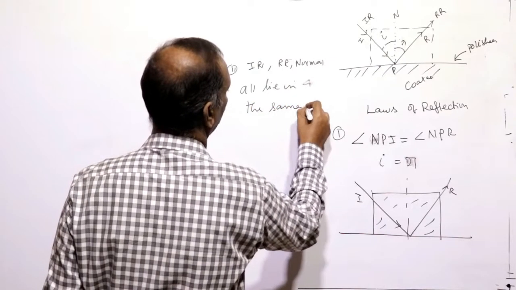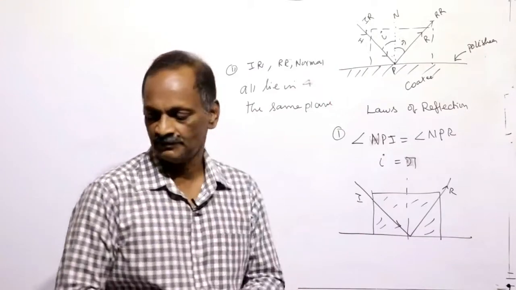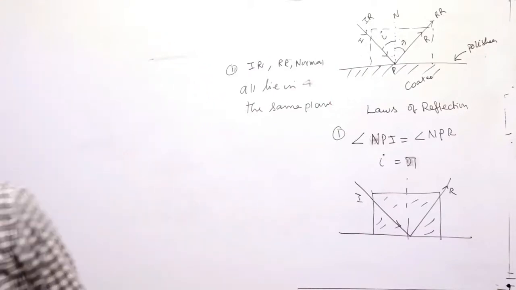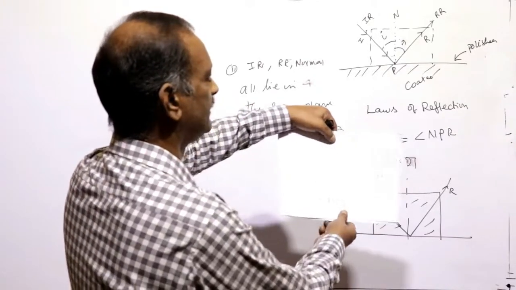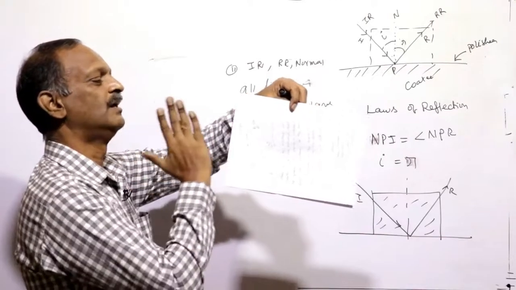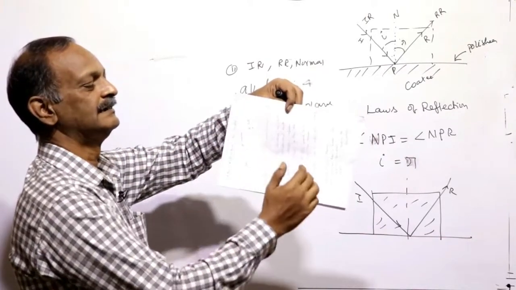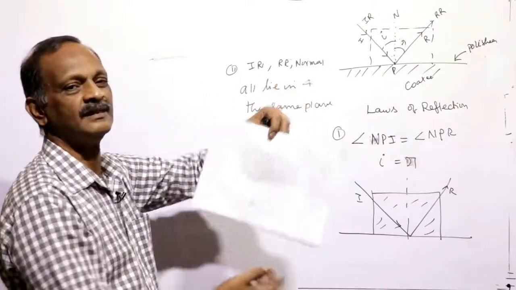Now, suppose this is the mirror, and if you look from this side, where the rays are coming like this, you will find the incident ray, reflected ray and normal all lying in the same plane, looking like a single straight line.